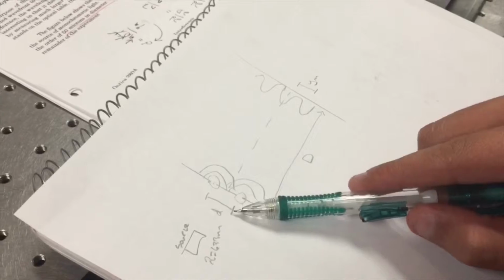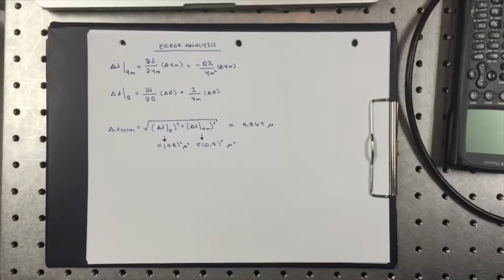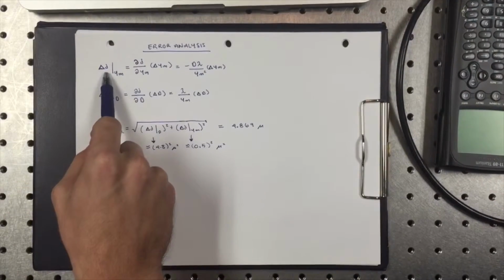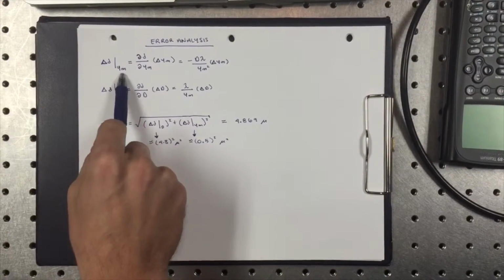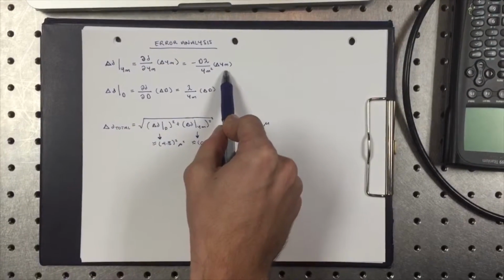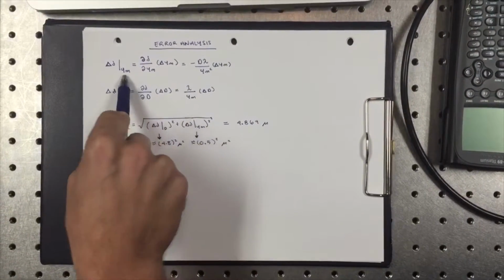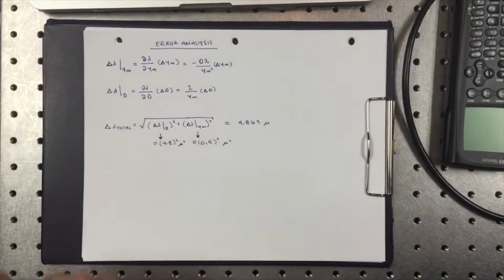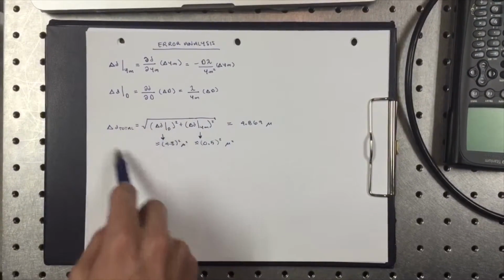This is Lab 7. What we want to do is find the distance between these two slits. So when looking at our error from our slit spacing D, we consider our change in D with respect to our variables we want to see, and that is our fringe spacing and our spacing from source to observation plane.